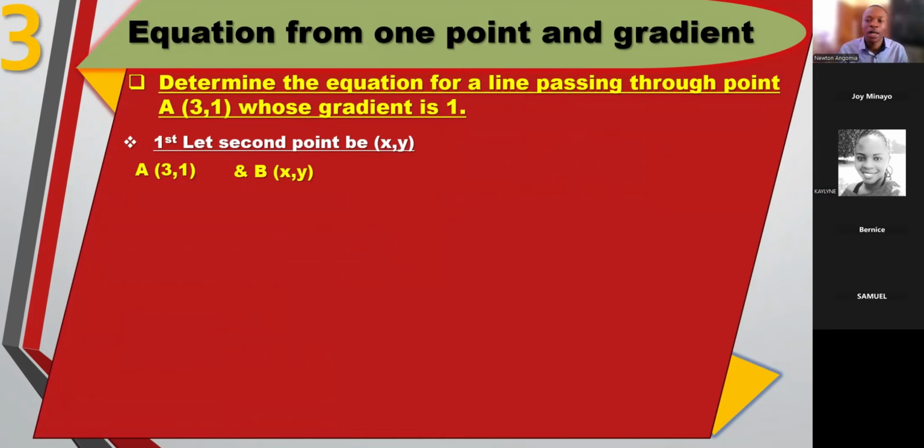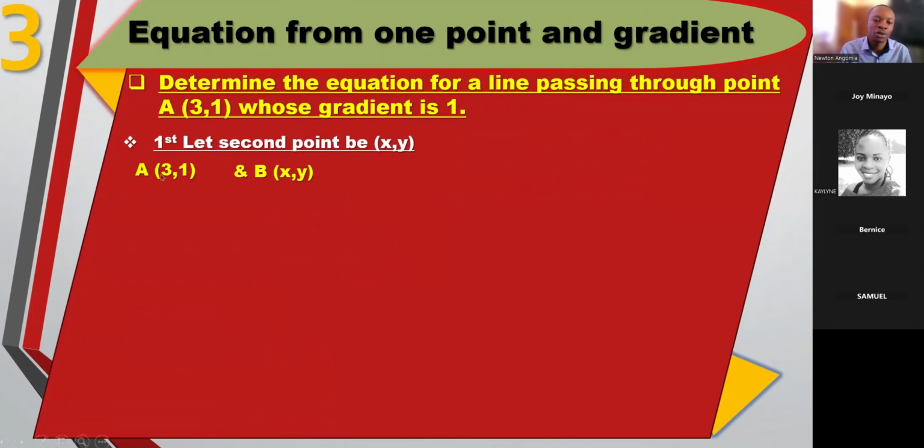Determine the equation for a line that is passing through this point, A, 3, 1, but the gradient is 1. So the first thing you do, as we did in the first question, you just let the second point have coordinates x and y.